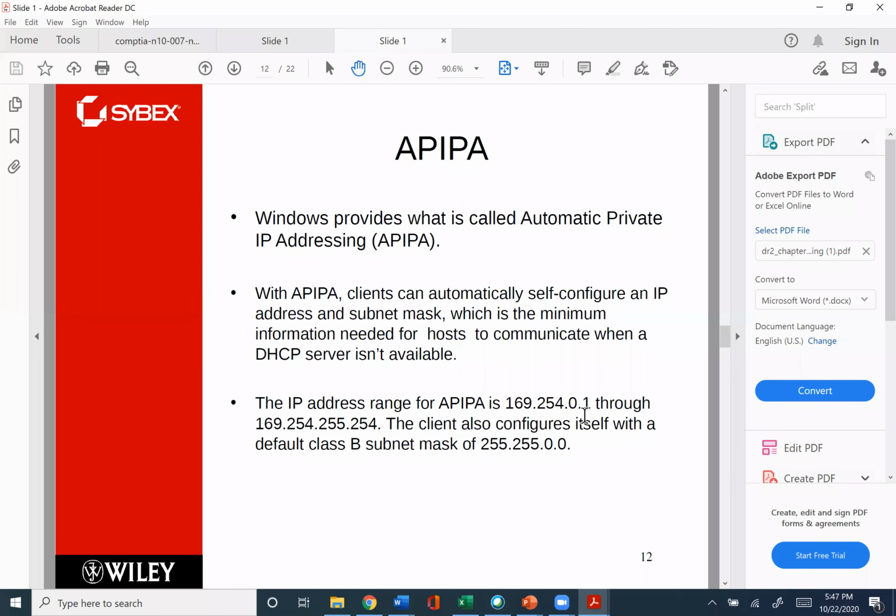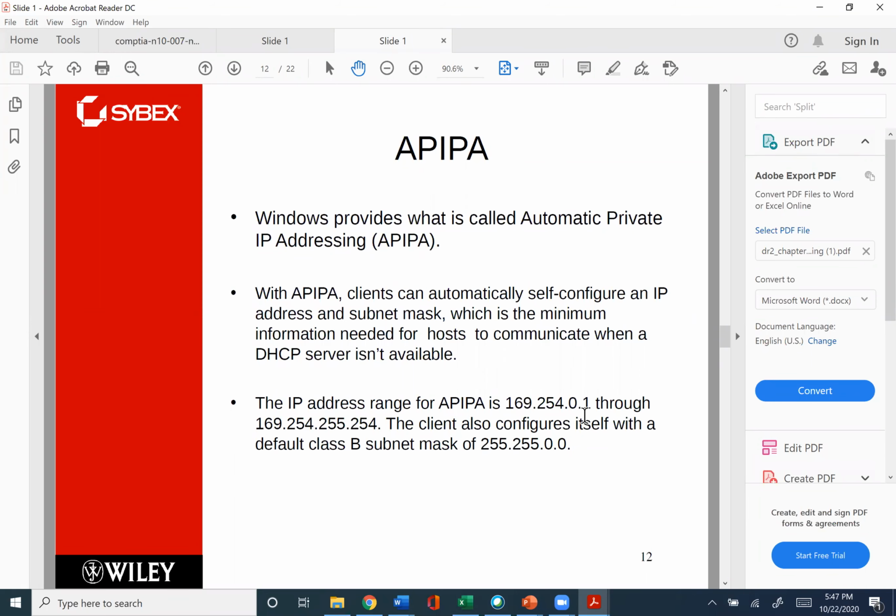If your DHCP protocol just decides to fail, then the only way for your computer to communicate, and I want to emphasize, communicate locally, okay?